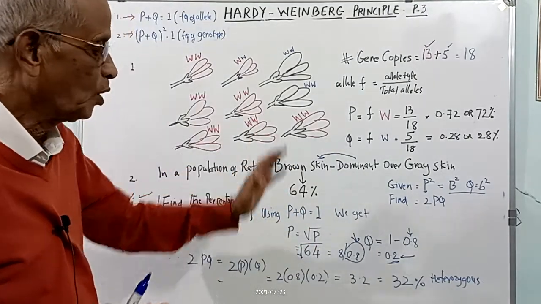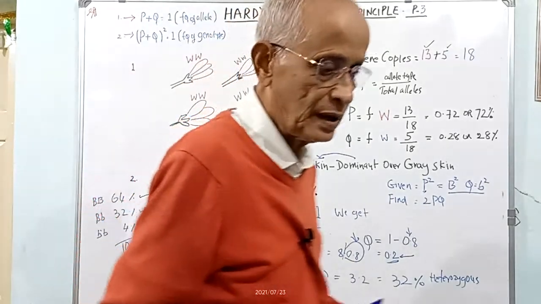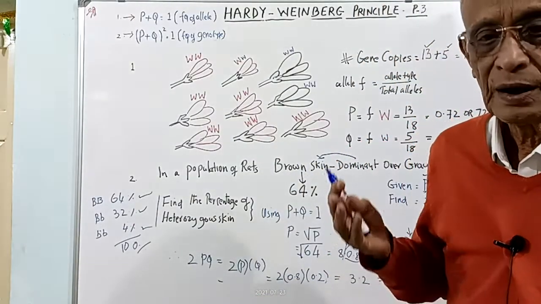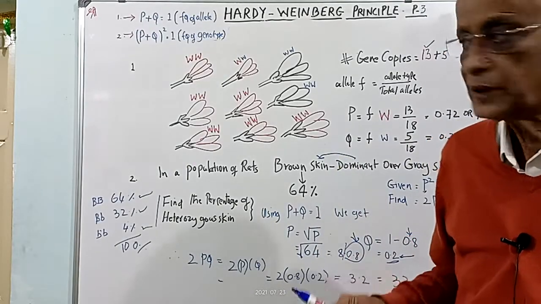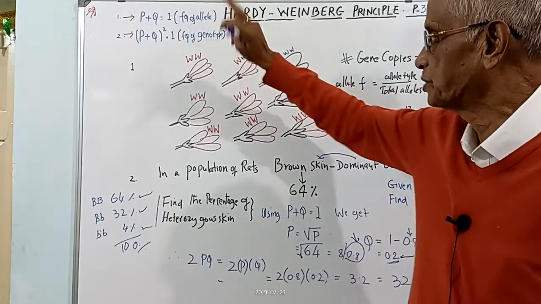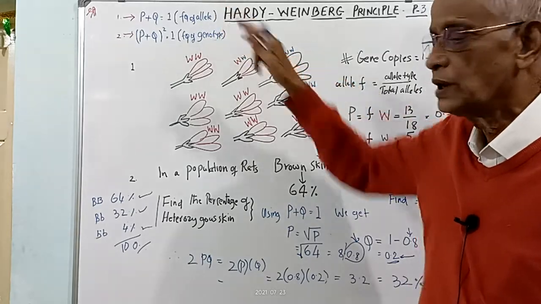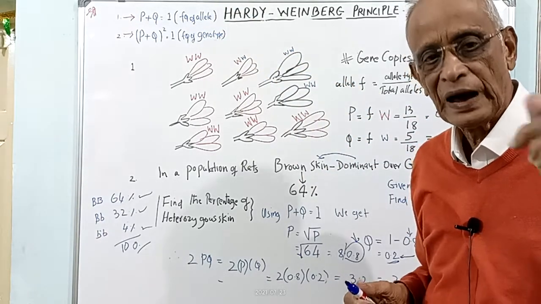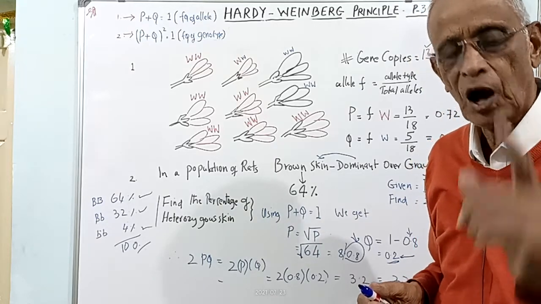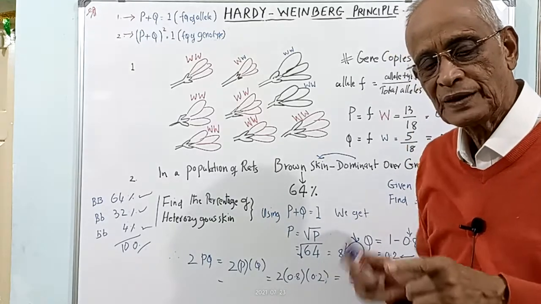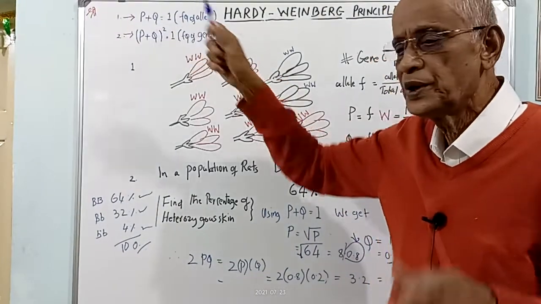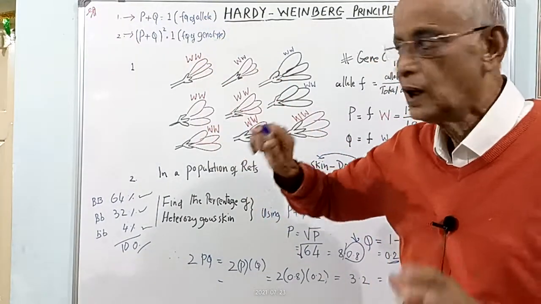So this is how we can calculate the percentage or decimal values using these two equations. The first equation is to find out the frequency of an allele which is dominant or recessive, and the equation gives you that these two will always add up to a constant, that is 1.